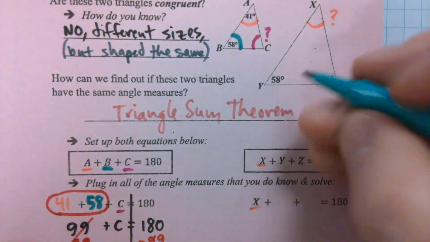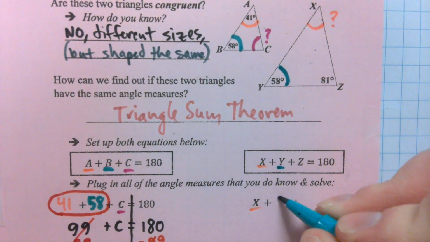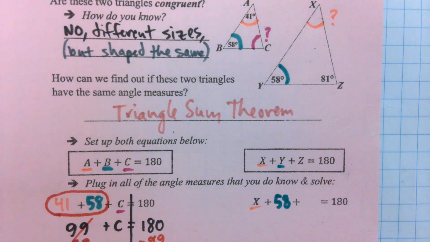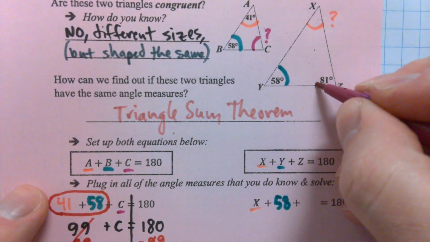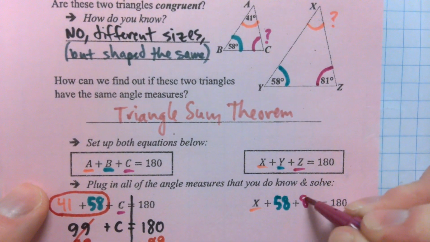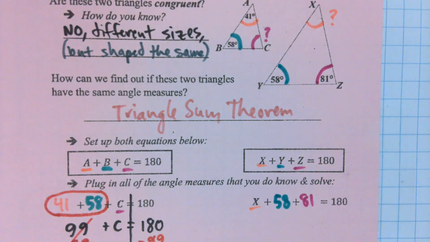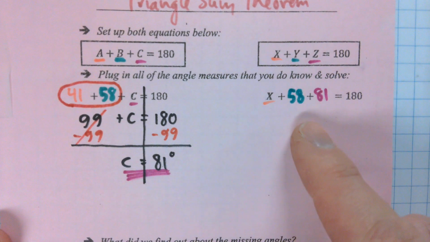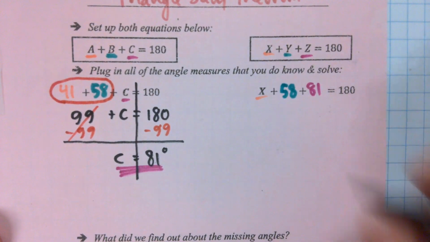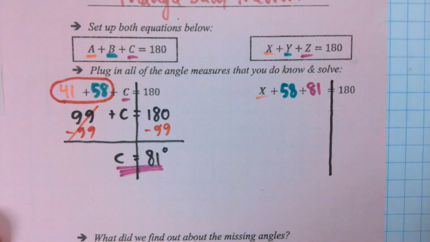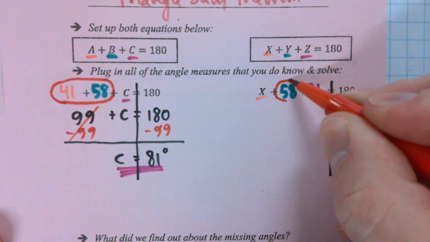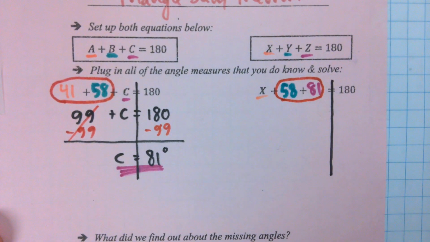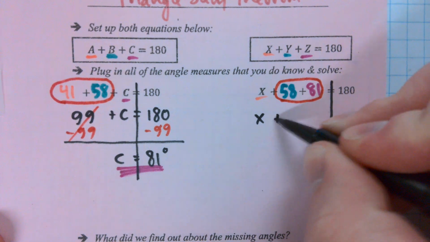I know that angle Y is 58 degrees. And I know that angle Z is 81 degrees. So now I set it up the same way, and I can now solve for x. I'll combine like terms on the left, and then we know what 58 plus 81 gives us. 139.